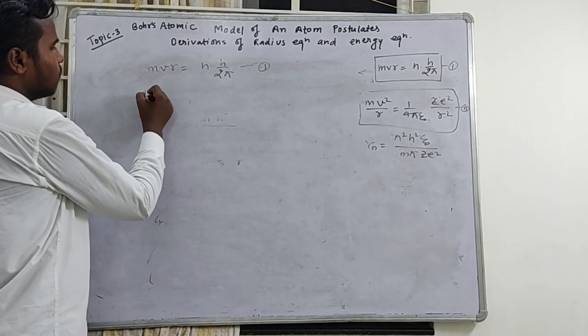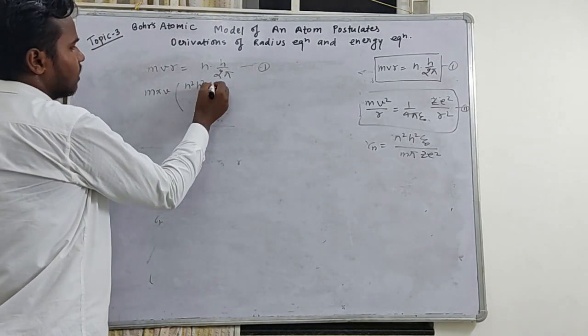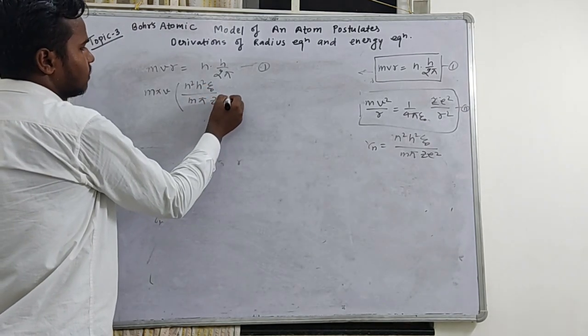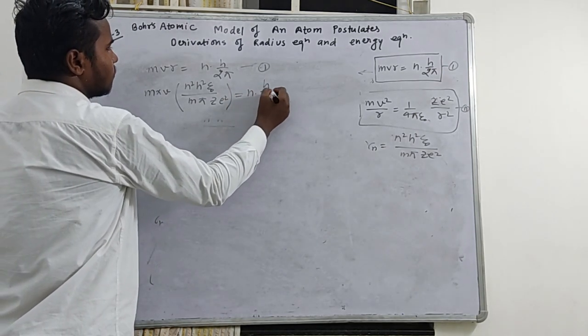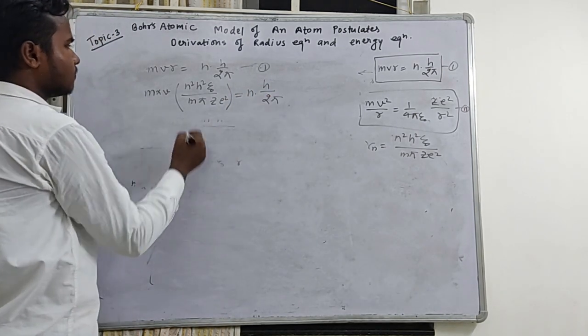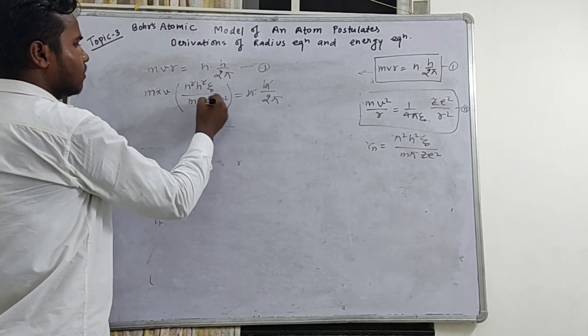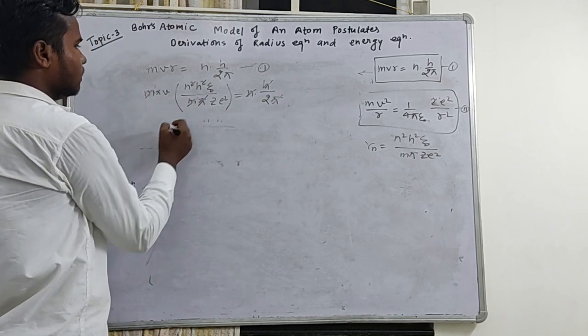So m into v into n square h square epsilon naught upon m into pi into z into e square is equal to n into h upon 2 pi. n to n cancels, h to h cancels, pi to pi cancels, m to m cancels.